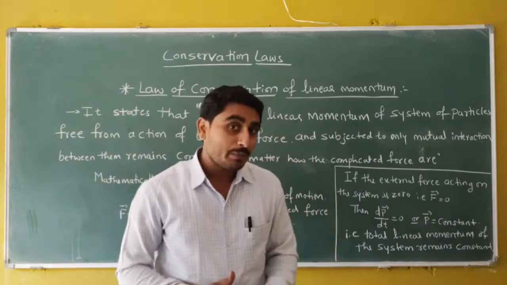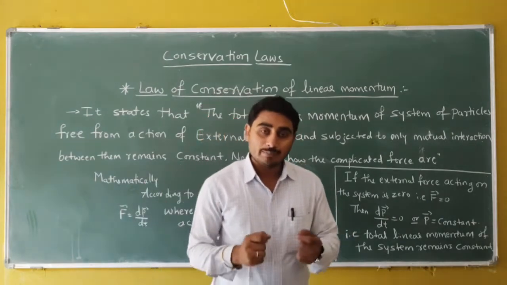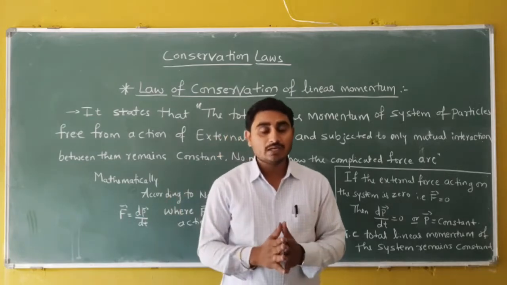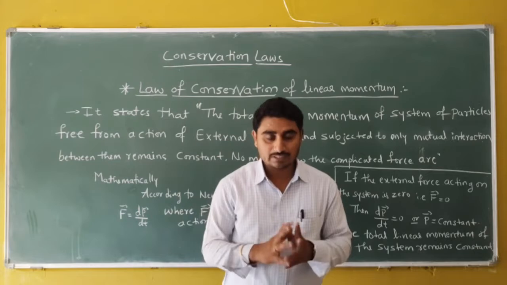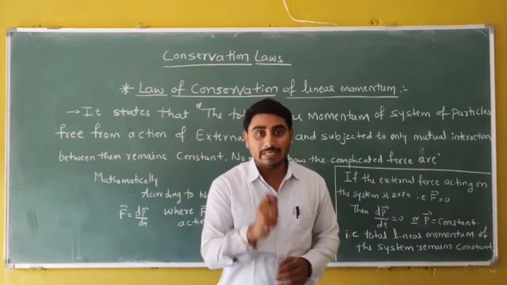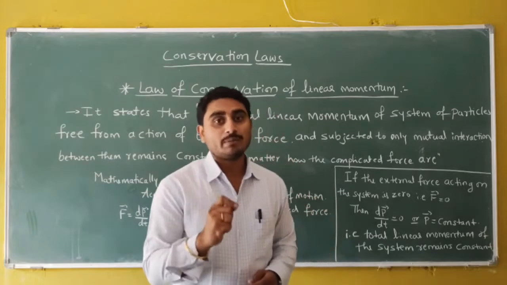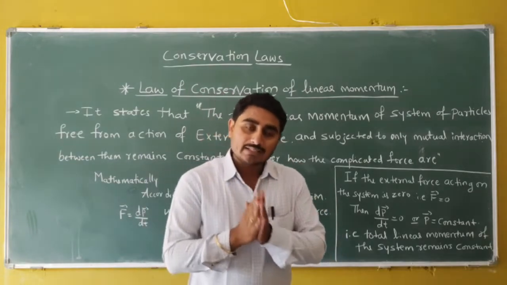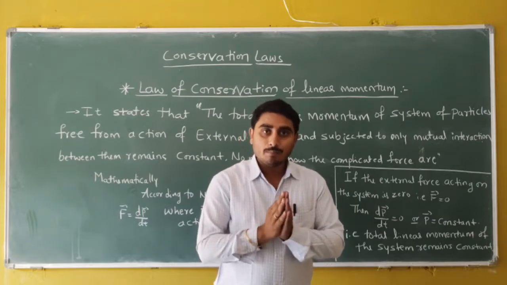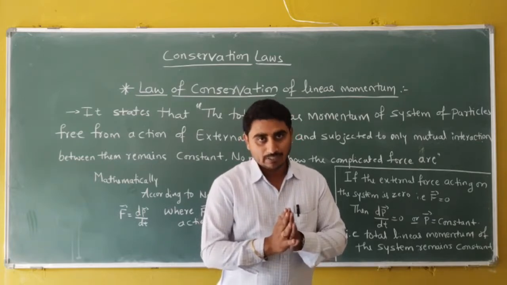And linear momentum means what? Mathematically, it is the product of mass and velocity. We denote it as P, that is, P is equal to mv, and the SI unit of linear momentum is kg meter per second, right?